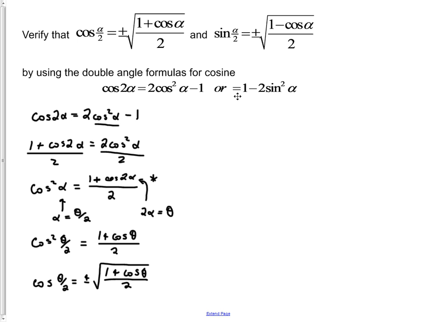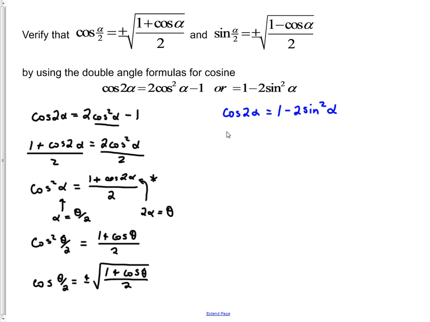Again, we can say a lot of the same things here about this other identity. That is, we know that since the cosine of 2 alpha is also equal to 1 minus 2 times the square of the sine of alpha, a little bit of algebraic manipulation is going to allow us to isolate the square of the sine of alpha, sort of like what we just did.